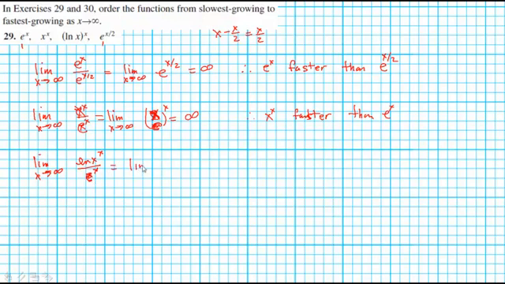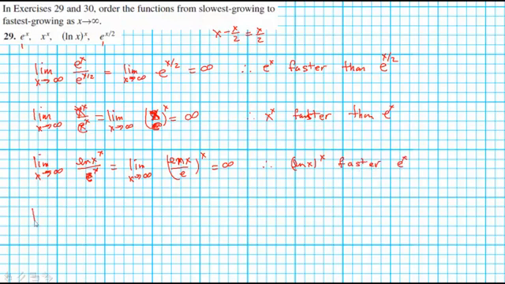Now again, using that same trick, the limit as x approaches infinity of the natural log of x divided by e, all to the x power. This is natural log of x divided by some constant. Well, dividing it by some constant, as natural log goes to infinity, this is still going to be infinity even if you divide it by 2.71. So this goes to infinity. Therefore, natural log x to the x is faster than e to the x.